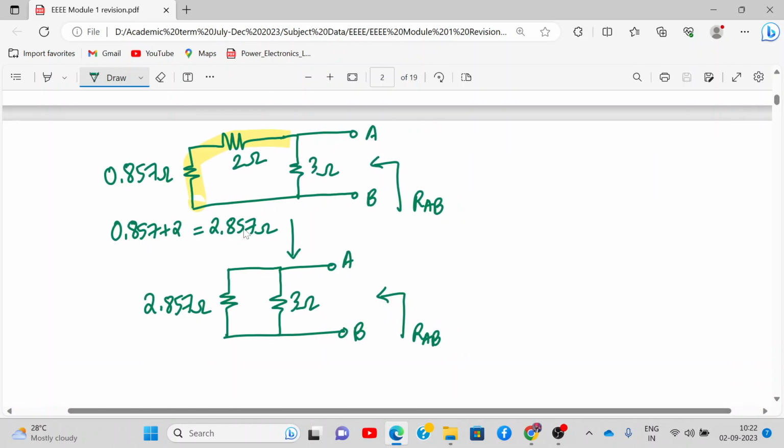Are they in series or parallel? Parallel. Yeah, so parallel. So RAB, which is equal to RTH, is 2.857 ohms parallel to 3 ohms. So please calculate this and let me know what's the value.